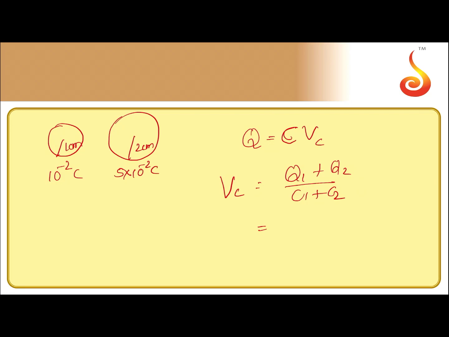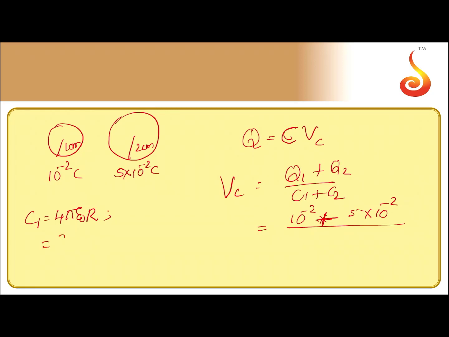What is that Q1 plus Q2? Q1 is 10 to the power of minus 2 plus Q2 is 5 into 10 to the power of minus 2, whole divided by C1 plus C2. Now let us look at this. C1 is equal to 4 pi epsilon naught R. That's right.